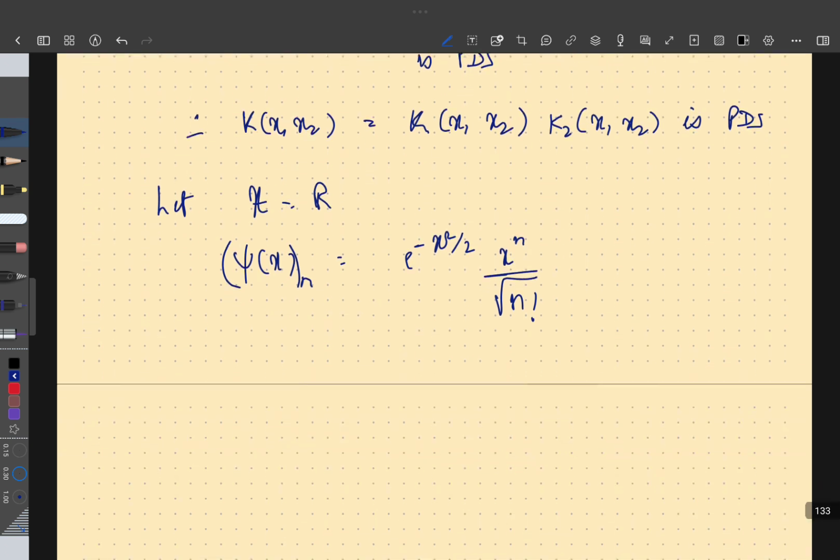What would be the inner product between psi of x1 and psi of x2?